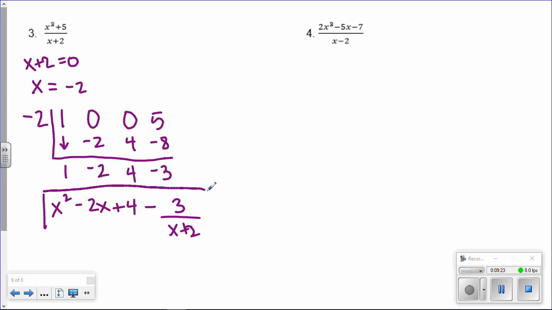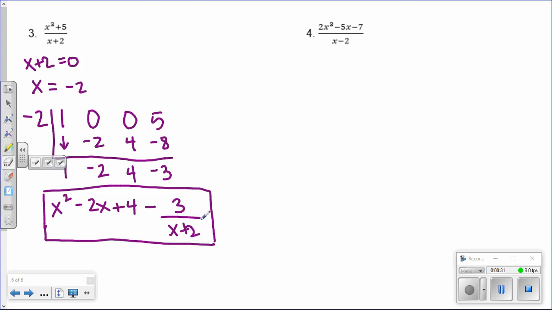If it's a 0, then it means you don't have a remainder. But if you do, you write that over what you were dividing by. And this is just bothering me, so I need to make that look a little nicer. So x plus 2.